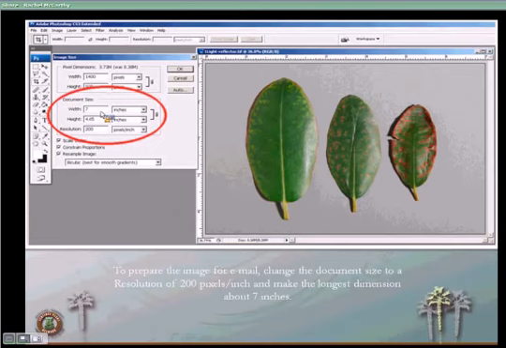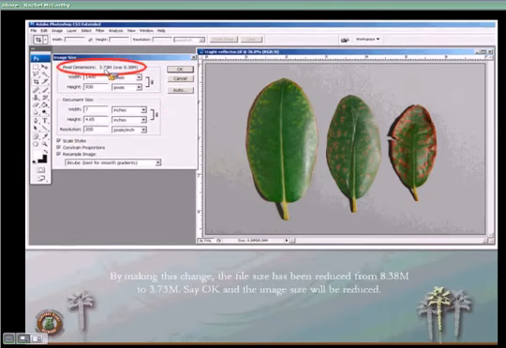If it's a horizontal picture, make it 7 inches horizontally. If it's vertical, make it 7 inches vertically. You'll notice that the pixel dimensions have dropped almost in half in this situation. When you get it sized the way we had it, say OK.